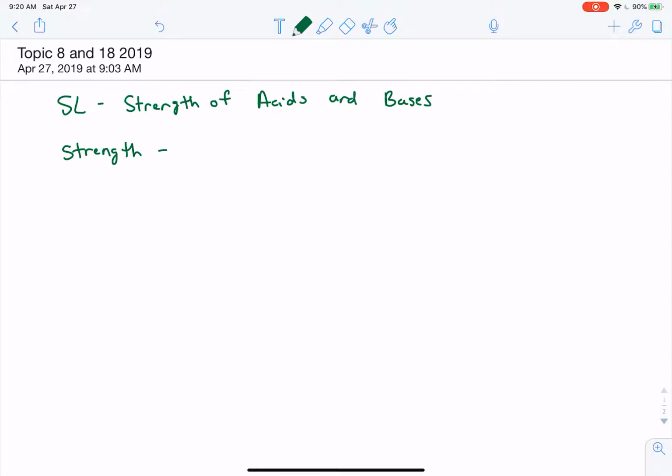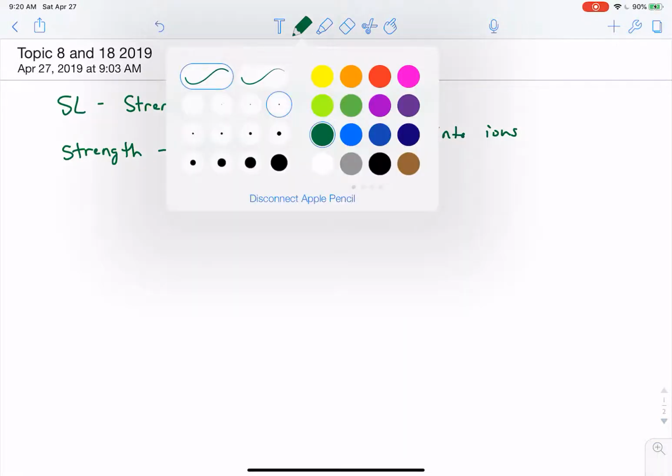It has to do with the ability to dissociate into ions. And so it doesn't matter if you have a 12 molar weak acid. It's going to be dangerous, but it's not strong at that point. I think a lot of people kind of use the word strong as dangerous, but it's not. They're not synonymous. And so there are two types of strength.